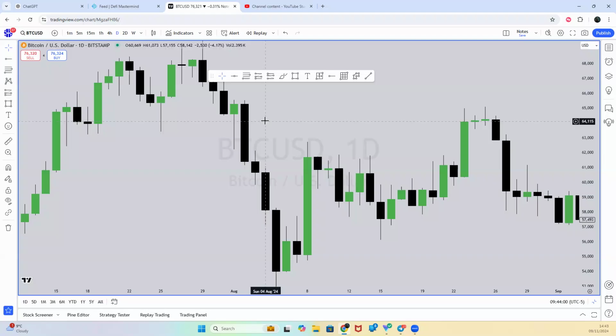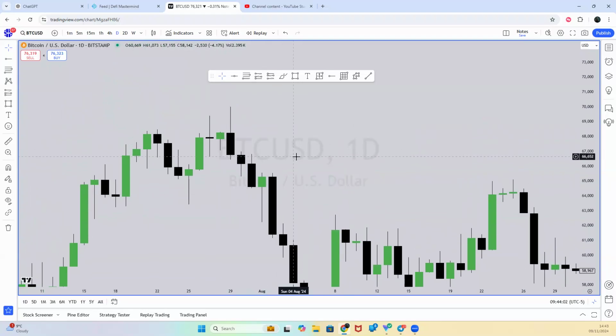whether that continues in the direction of the momentum candle or whether it reverses. You've got inside candles, which is where the candle's open, high, low, and close is contained within the high and the low of the previous candle.